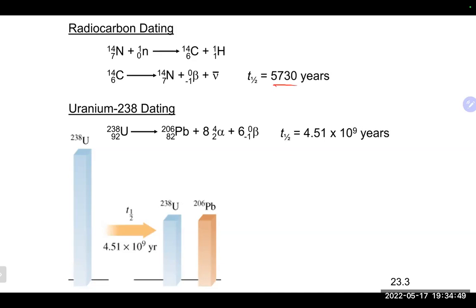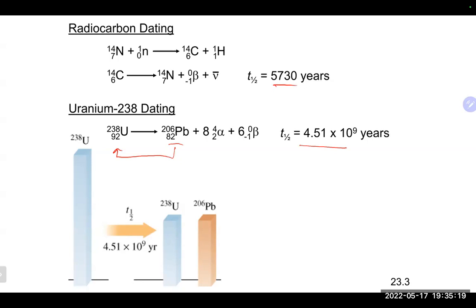We can also use uranium dating, which will leave us some lead left over and some other products, and has a half-life of 4.51 times 10 to the minus 2. Sometimes you take the difference of what is left over to figure out how old something is. But we really can use the first order kinetics the exact same way that we did before, except in this case, we'd be solving for time, which would give us how old something would be.